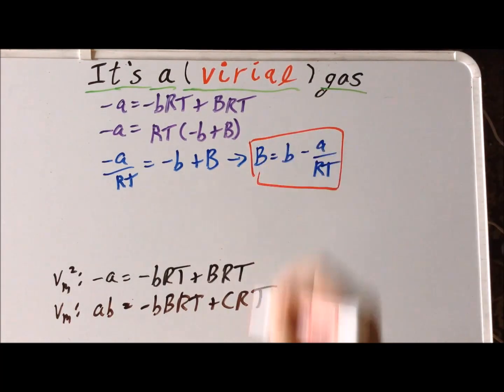So now we have an expression for the second virial coefficient, big B.